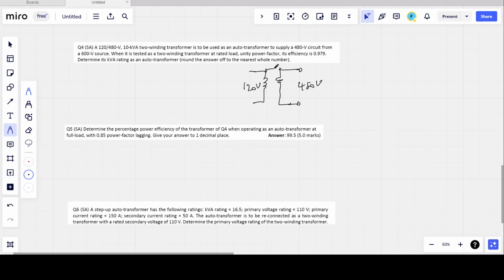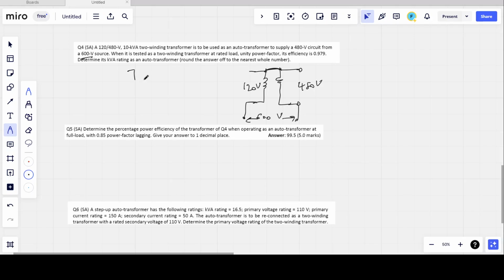And now I'm going to connect a series wire. Now this is from a 600 volt. So I hope you know why it is from a 600 volt. The combination of the voltages on the primary side and the secondary side is 600 volts. So this is going to be my voltage on the primary side of the auto transformer.